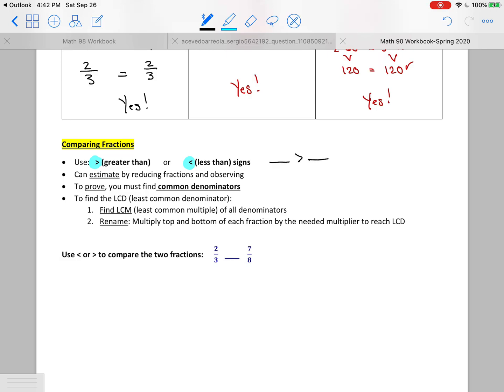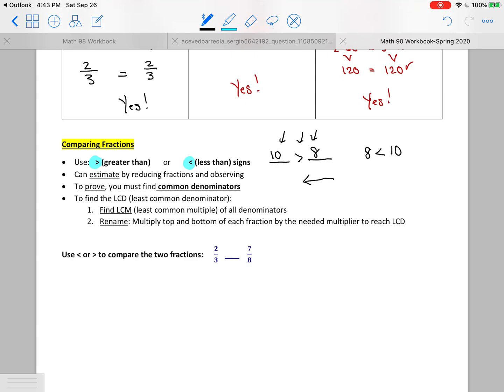But in essence, what we're really doing is saying that, for example, 10 is greater than 8, right? So if we're reading the sign left to right, the mouth is open toward the larger number. We could also read this from right to left, and this would say 8 is less than 10, right?